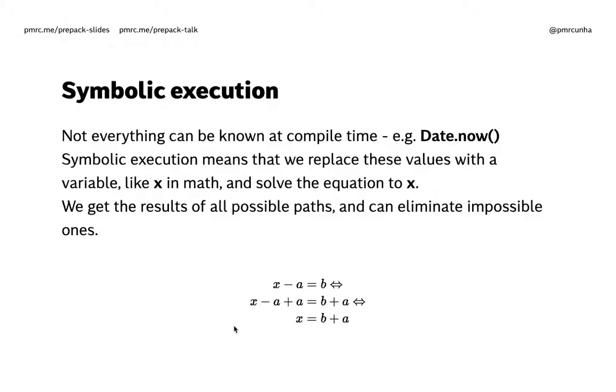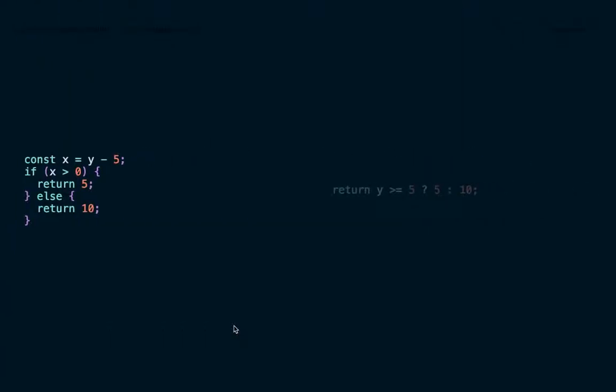So if you have different branches, like an if-else clause, which is based on this unknown value, it's going to figure out what is the value that is going to lead to one branch being executed or the other one, and optimize the different branches.